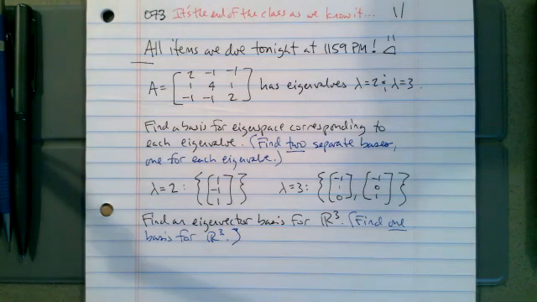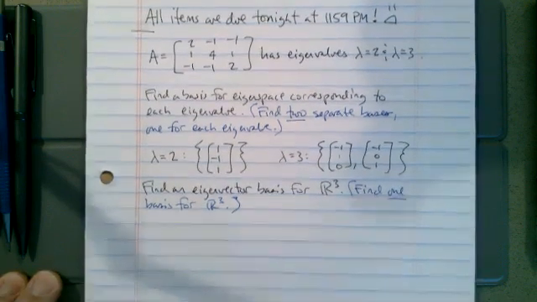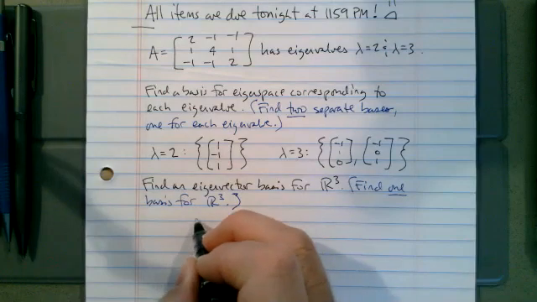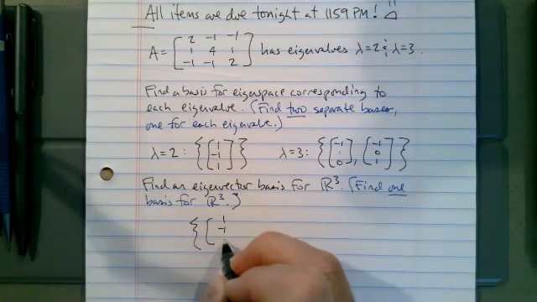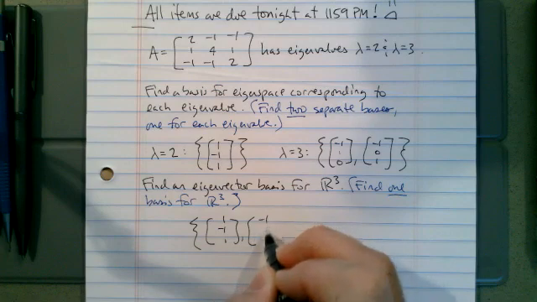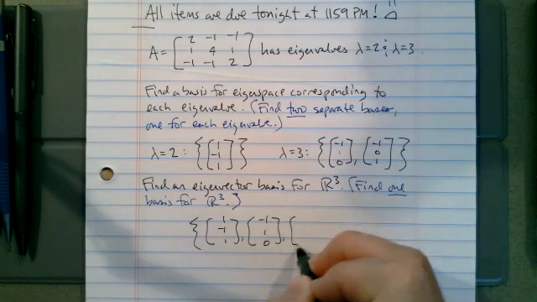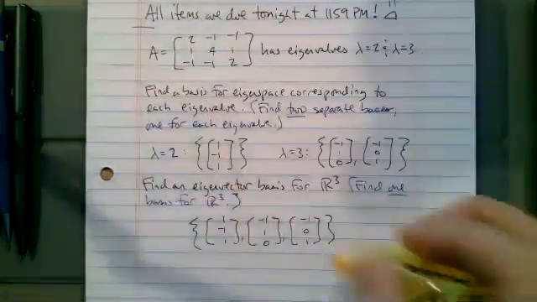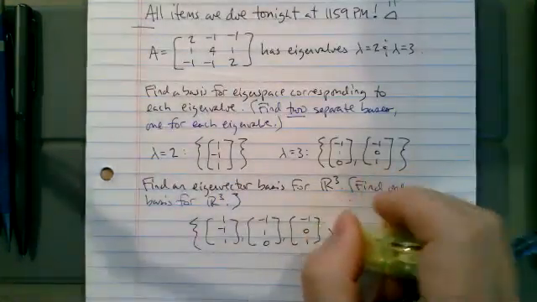So this is a different question. In this case, a basis made up of eigenvectors would be one basis. So I would just want these vectors: 1, -1, 1; -1, 1, 0; -1, 0, 1. Here is a basis of eigenvectors for R3.